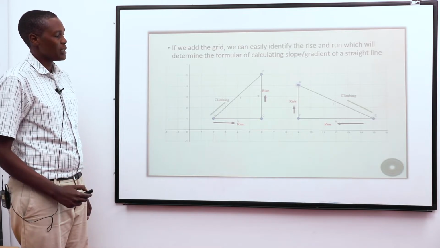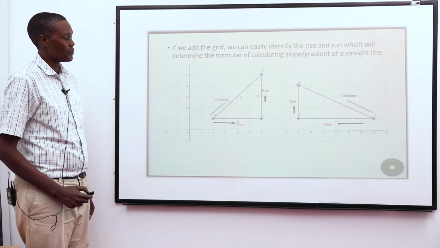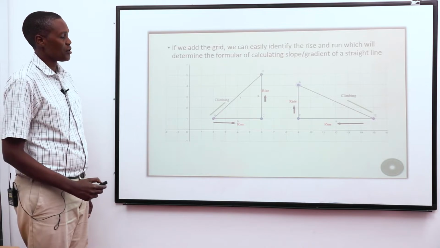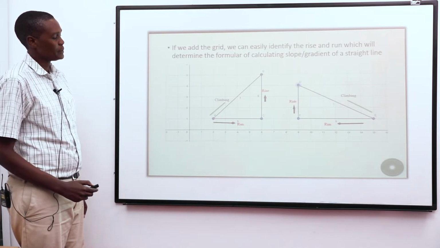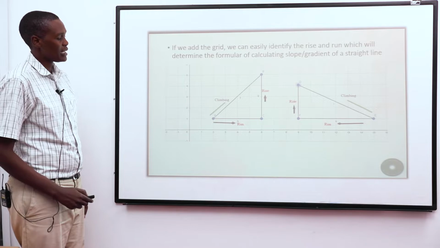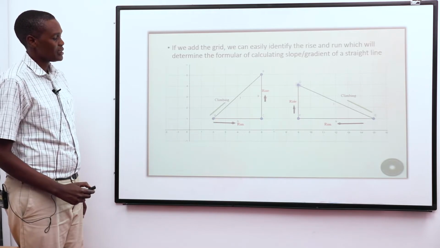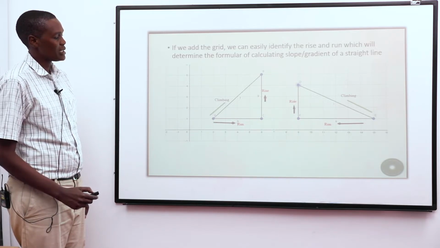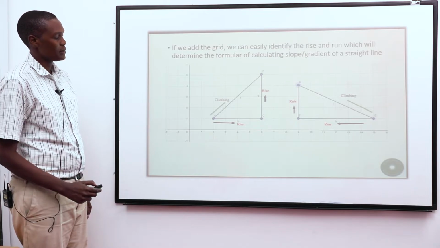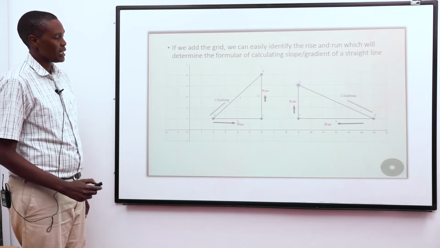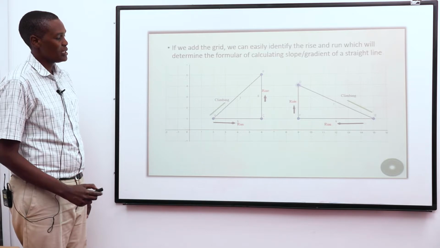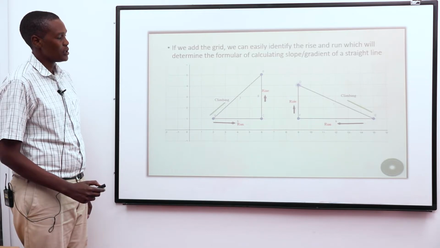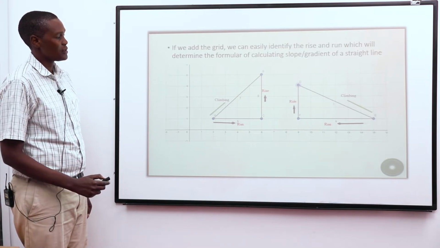Now, if we want to calculate the slope of this line drawn onto hill 1, we can easily calculate the number of runs here, and the number of rise. Let's start with the rise. This is 1, 2, 3, and 4.